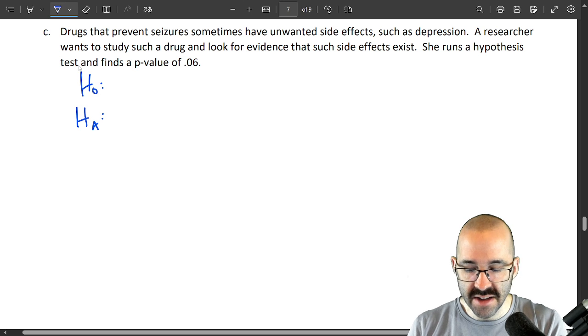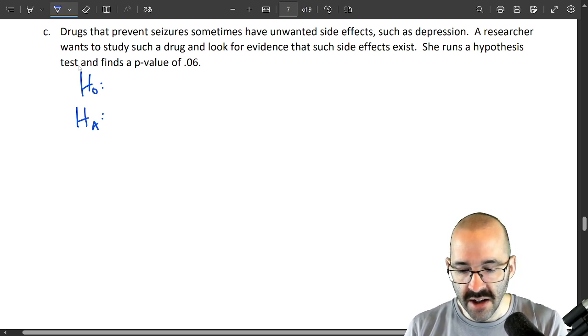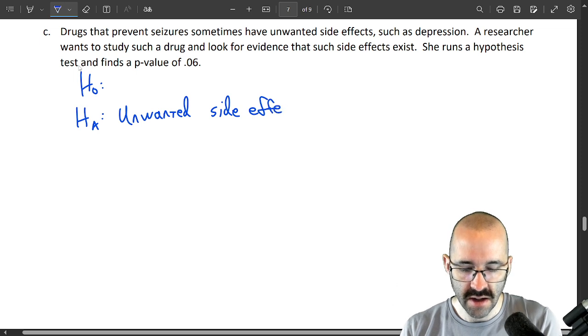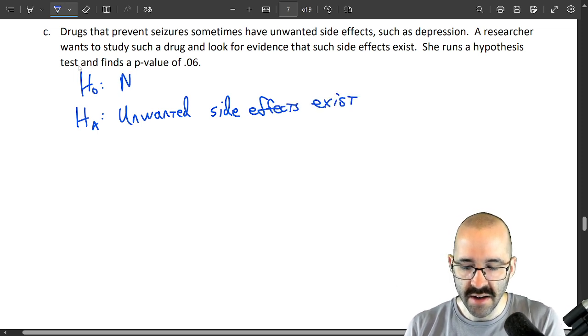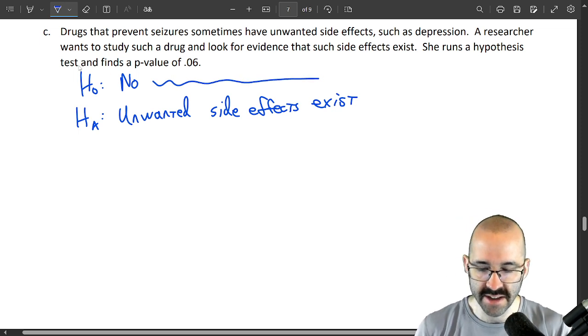So our alternative hypothesis is that unwanted side effects exist. And the null hypothesis will be that no unwanted side effects exist. All right, they don't exist.